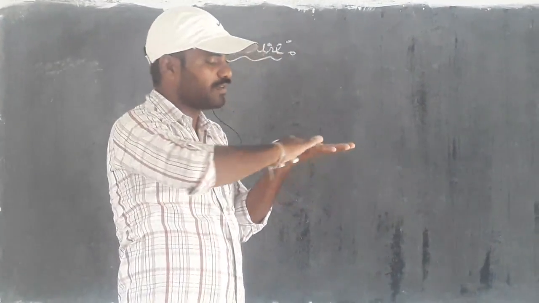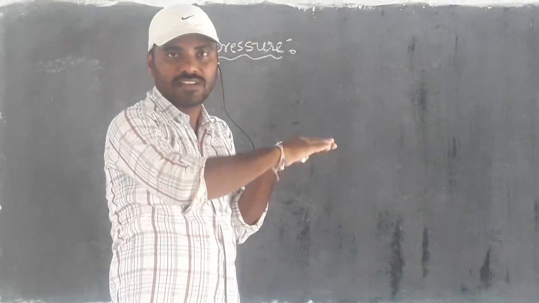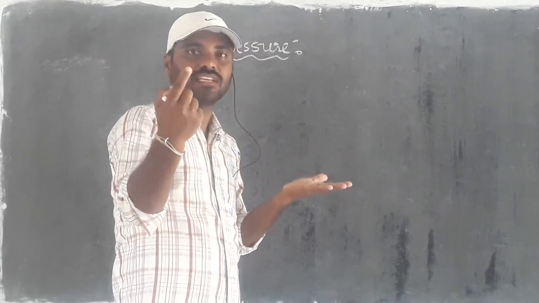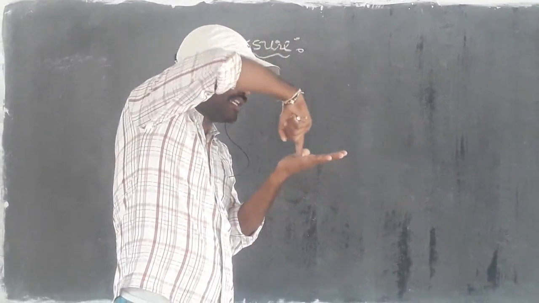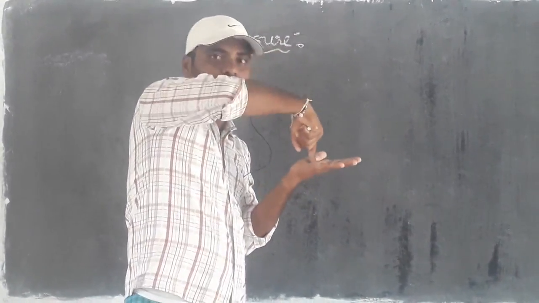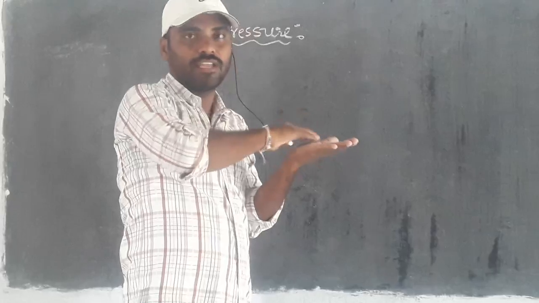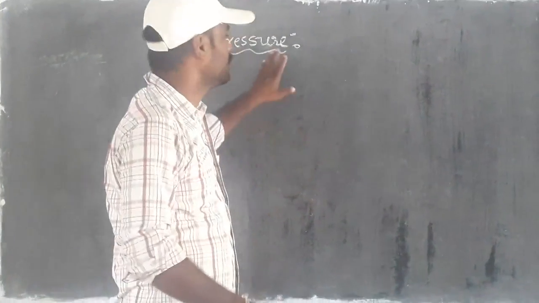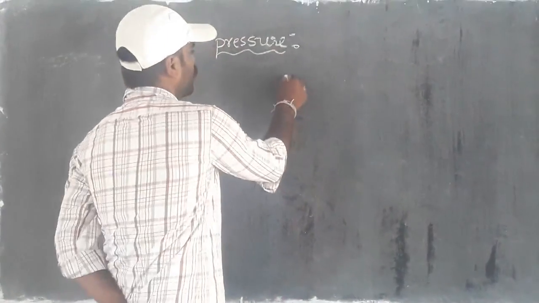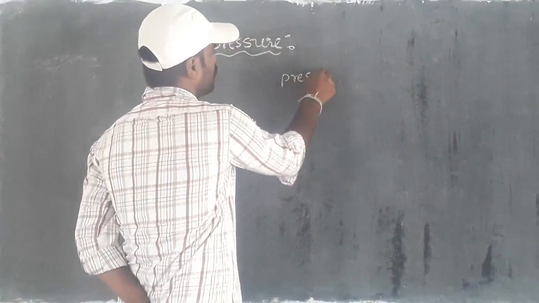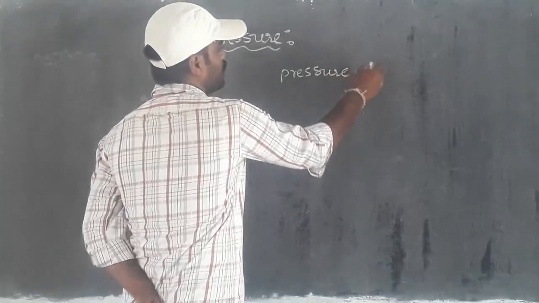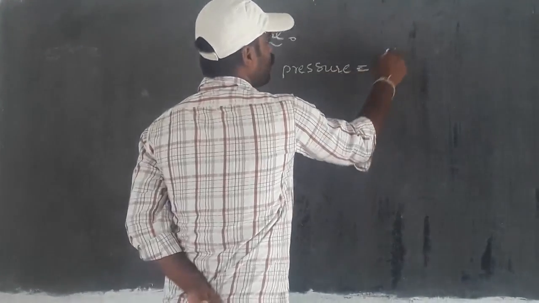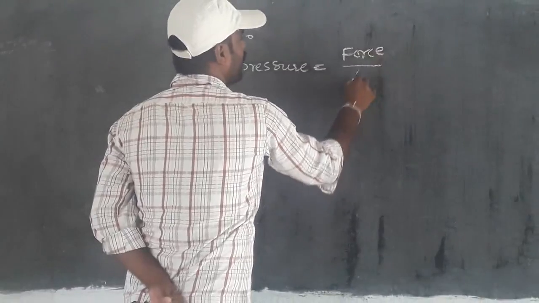For example, this hand you consider as the surface, and this finger you consider as the applied force direction. Then these two are perpendicular or not? So how much force is acting on a unit surface area in the perpendicular direction, that we call pressure. For that we have to write: pressure is equal to force by area.